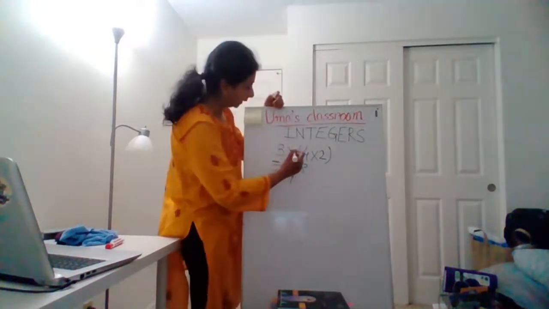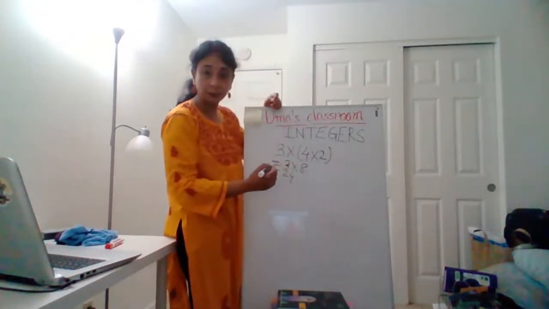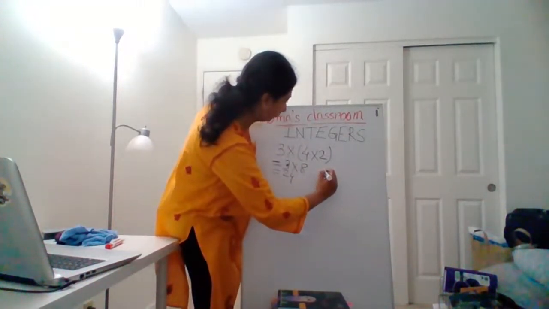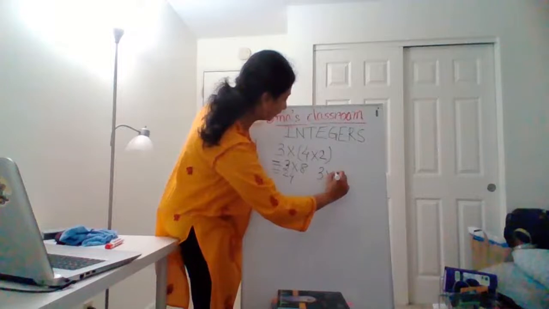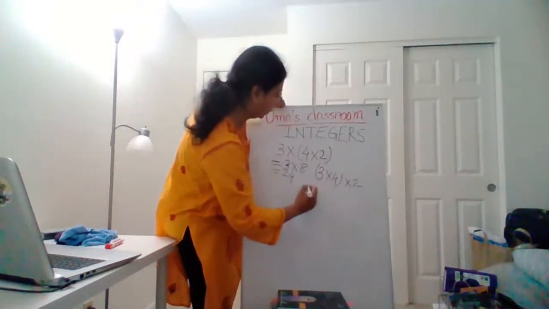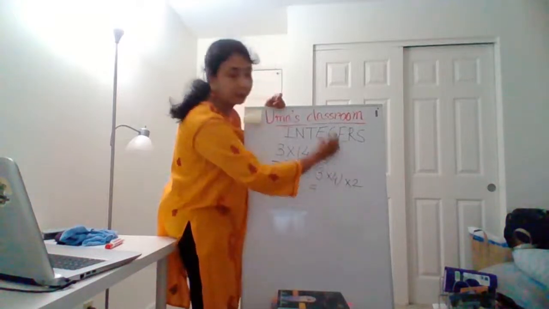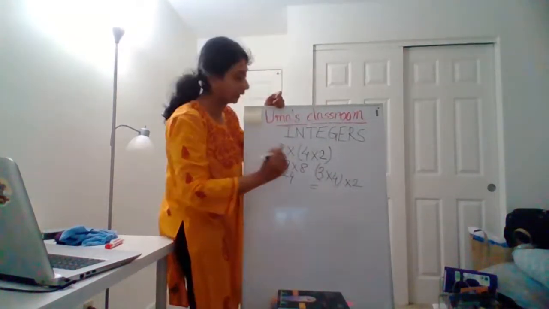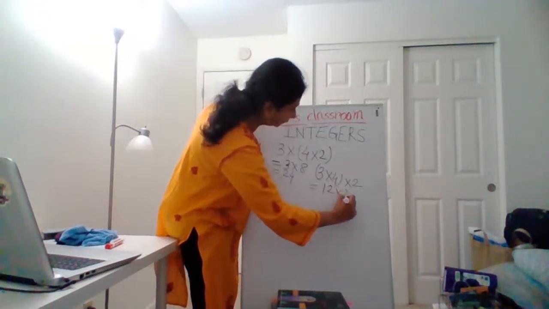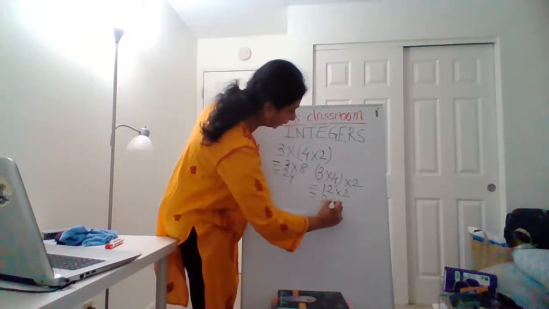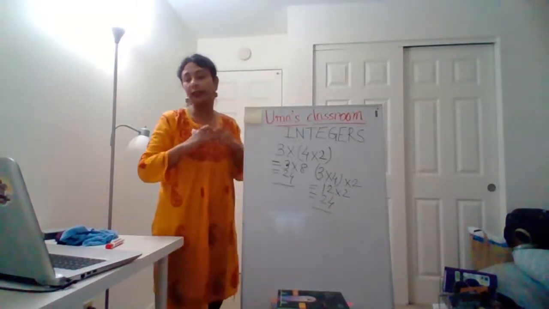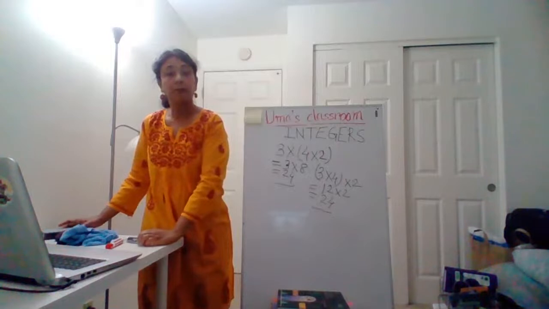Now I am making a new group using the same integers: (3 times 4) times 2. As this part is inside the parenthesis, I would like to do this operation first. So 12 times 2 is again 24. So the values are same. This is called associative property.